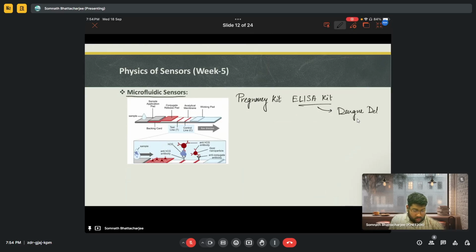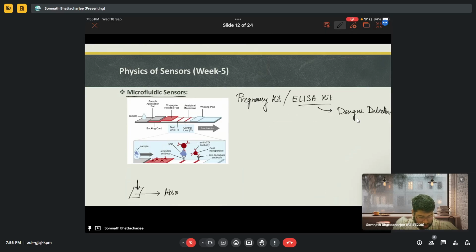What happens inside a microfluidic sensor is that we have a basic sample collection pad where we put several drops or a single drop of our sample. It may be urine, it may be blood, or different samples in different cases, right?